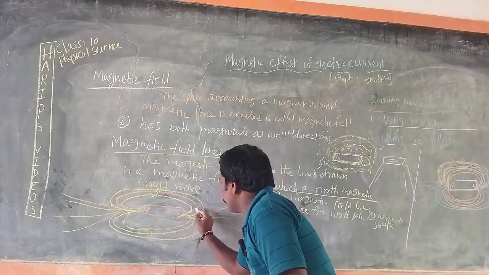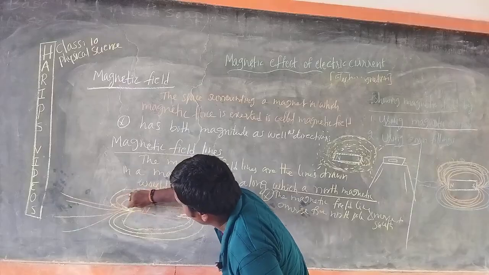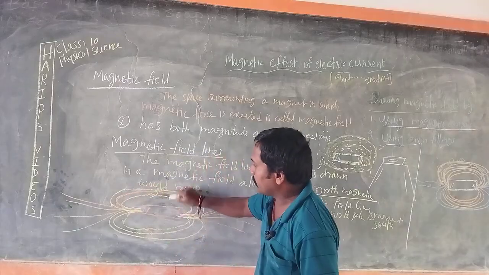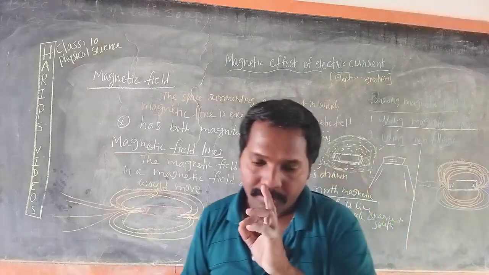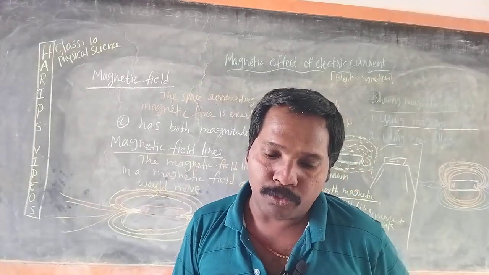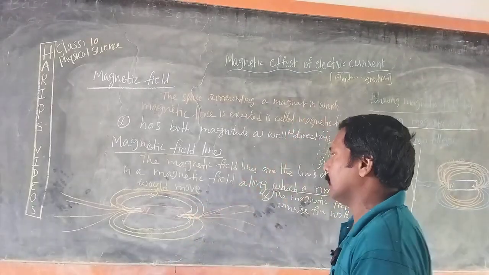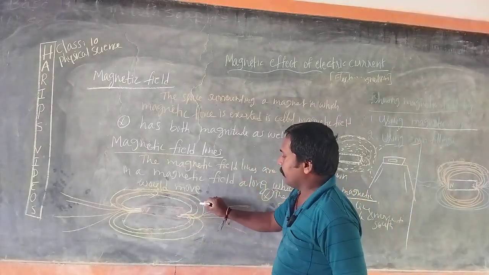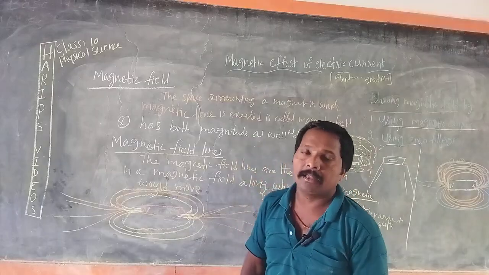So near the poles they are very close to each other. In other places they are more spread away. The magnetic field lines do not intersect with each other.